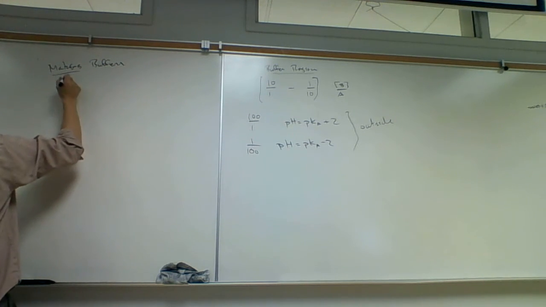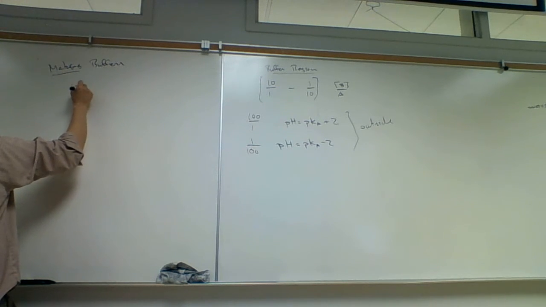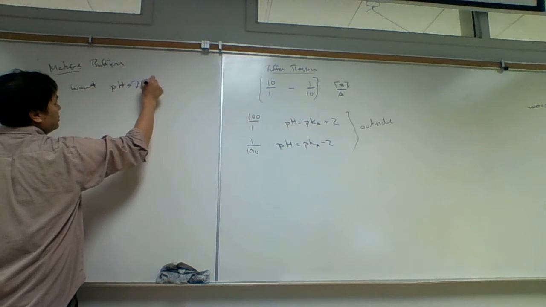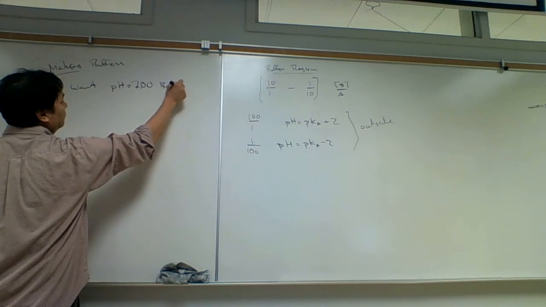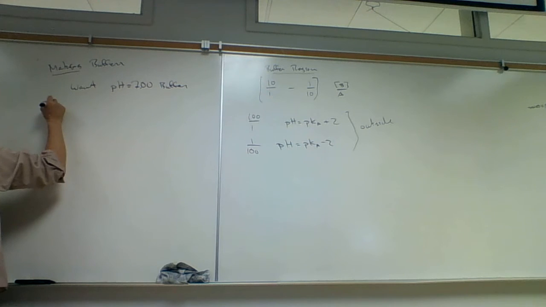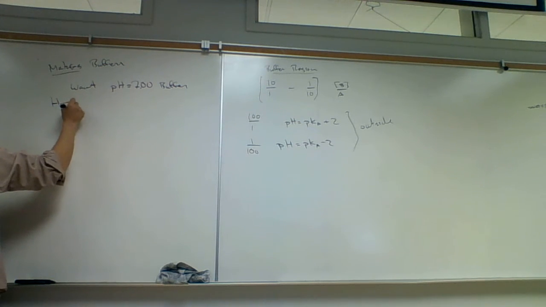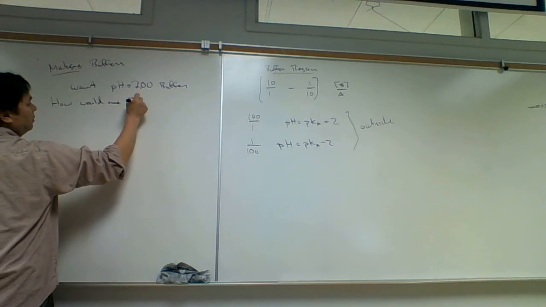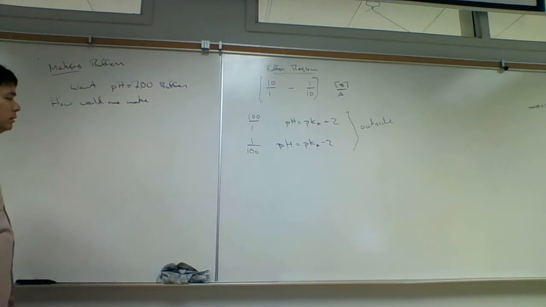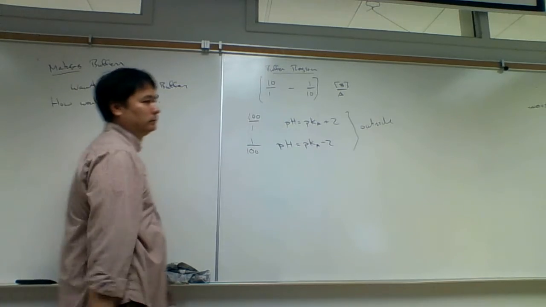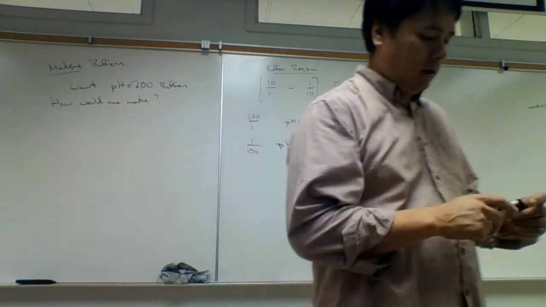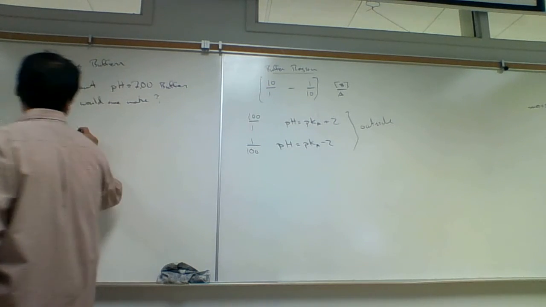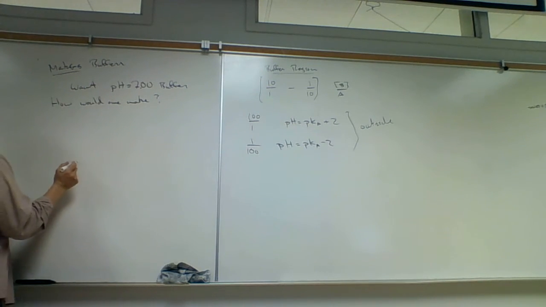Let's say we want a pH 7.00 buffer. Okay, how would one make this? So the first step is you want to find an acid.